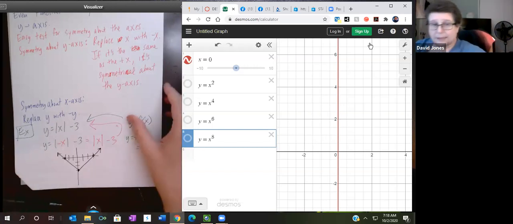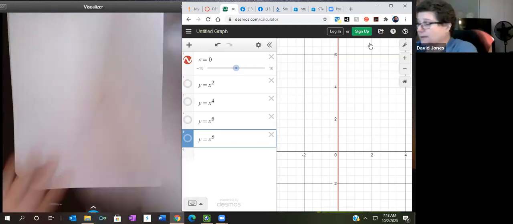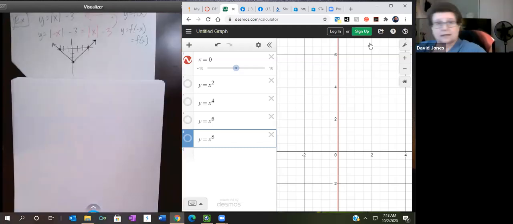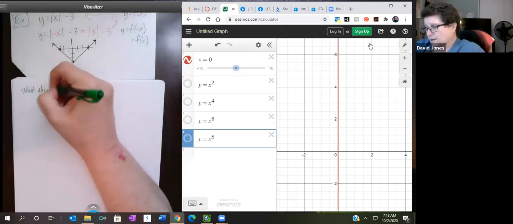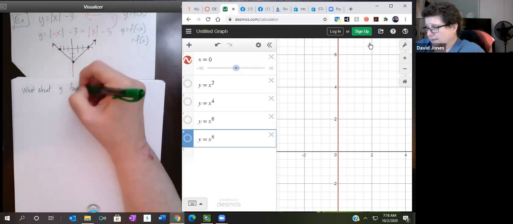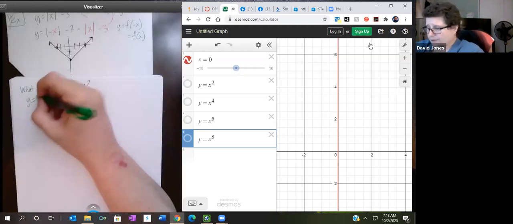What about if I replace y with negative y there? Leave that graph up there, just because it's handy to see that it's not true for the other one. What about y for negative y? So y equals the absolute value of x minus 3.